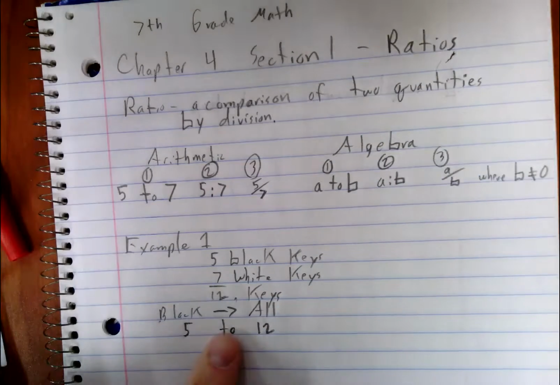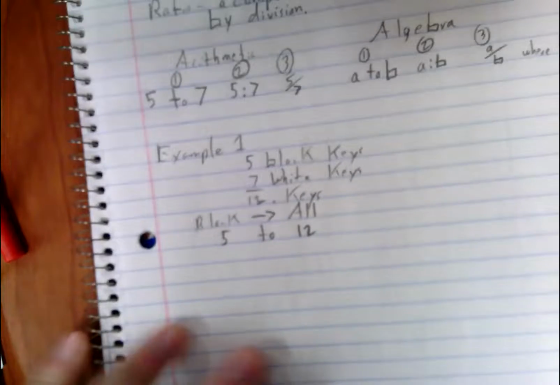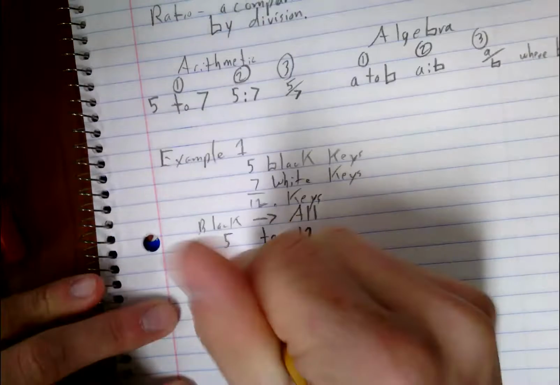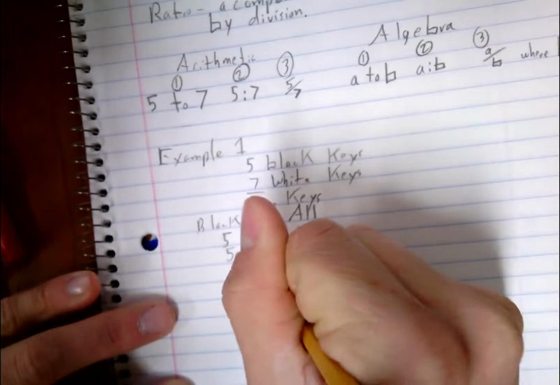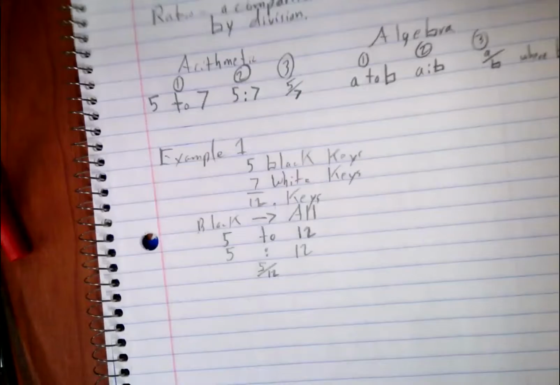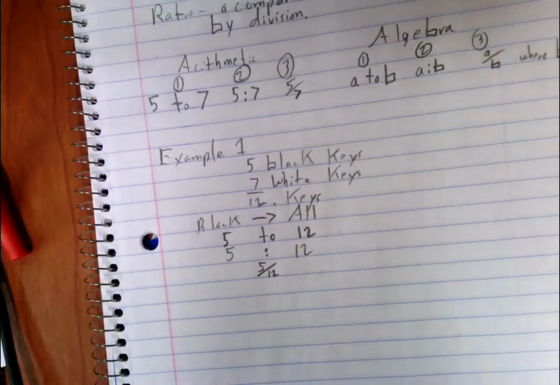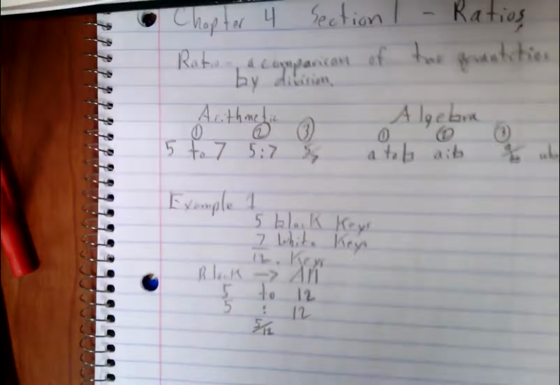So our first ratio is 5 to 12. Next, we're going to do just a different way. Okay. Way number 2, 5:12. And then the final way will be 5 divided by 12. Okay. So we wrote a ratio of black keys to all keys in 3 different ways.